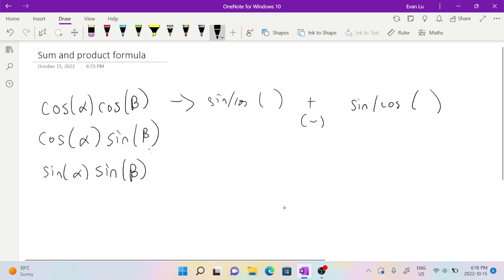So what we would do here is, for this cos of alpha, cos of beta thing, what we really need is some way to actually generate this cos term. We know that for sine alpha plus beta, we're going to have sine alpha cos beta plus sine beta cos alpha.